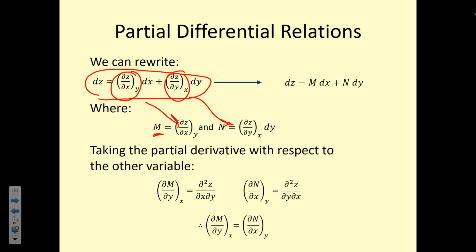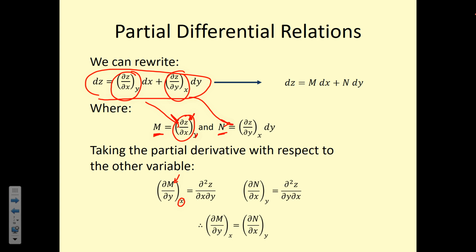Now we're going to take the partial differential of m and the partial differential of n with respect to the opposite variables. So in this case it was z with respect to x, holding y constant. Now we're going to take this with respect to y and hold x constant.